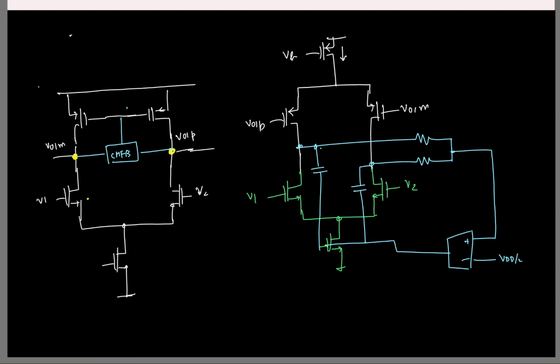Okay, so I'll make a couple more points on the common mode thing. As we saw, in a fully differential system, we need to have a good common mode rejection. But let's say you have a cascade of multiple systems. It is not necessary that all stages must have a common mode rejection.